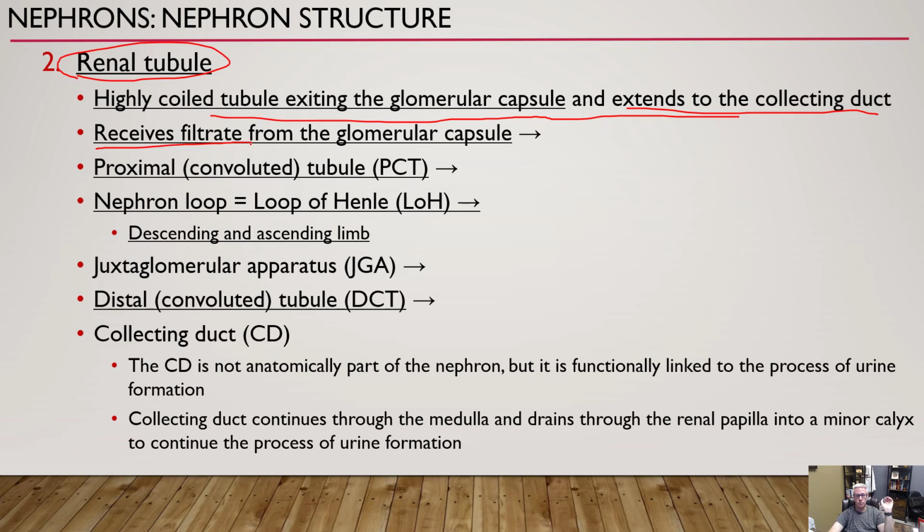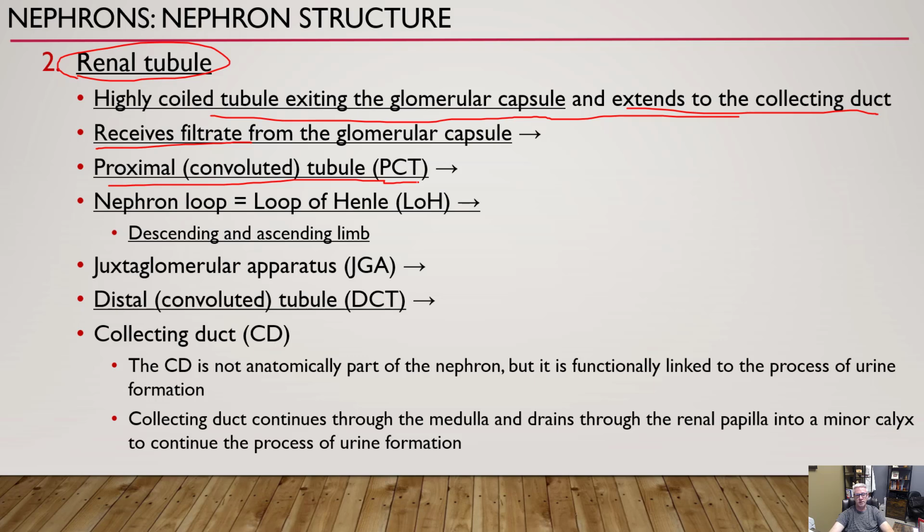Remember, filtrate is what leaves that first capillary bed and goes into Bowman's capsule or Bowman's space, and then it goes to a portion called the proximal tubule. Some textbooks will say proximal convoluted tubule, or PCT for short.